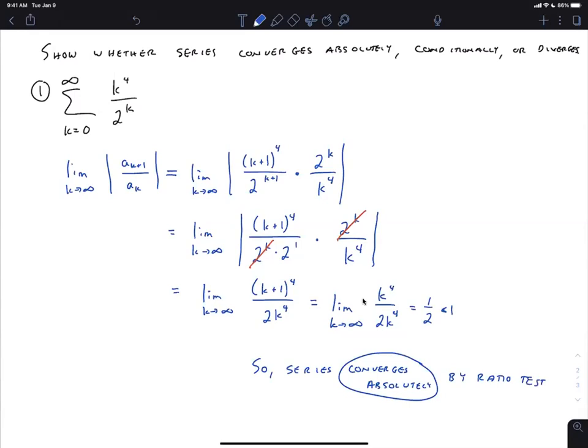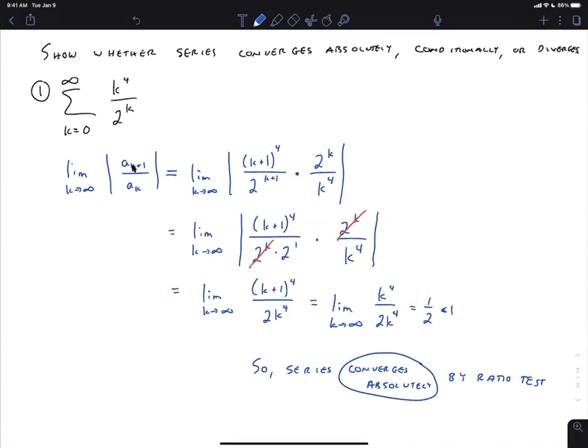The other two things that we want to be concerned with are, why does this work? And then the other thing is, how do you know when to use this? And so why this works is when we're doing this, we're taking the limit of a_(k+1) divided by a_k. Well, that's the next term divided by the one before it.